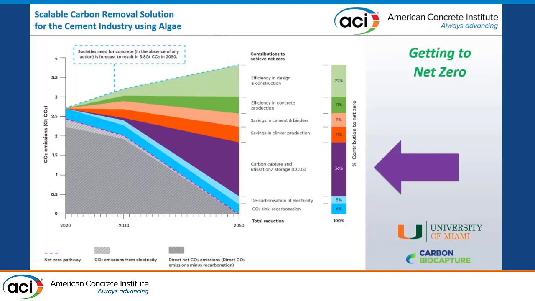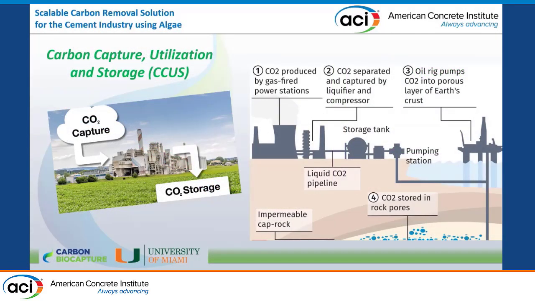So all the Teslas in the room, although you need, I think, about 100,000 miles before it actually starts to reach its carbon neutrality, but that's a different conversation. Zinc or recarbonization, another 6%. Savings in cement and binders, material related. So a big portion of getting to net zero is this magic term of carbon capture, utilization, and storage solutions.